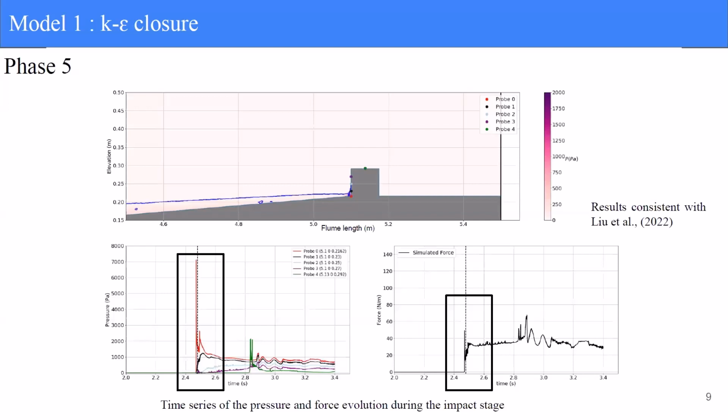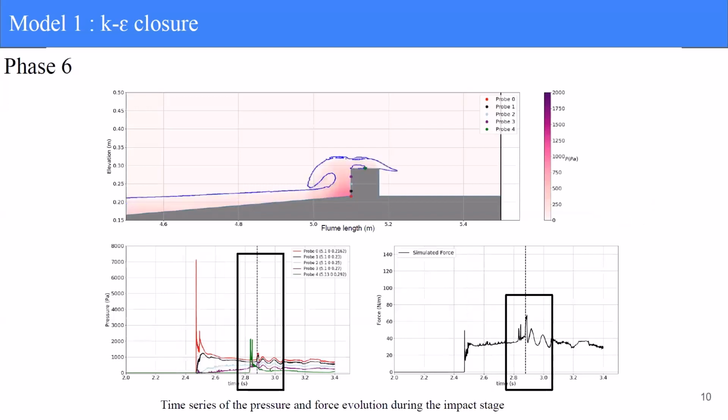As for the force, there is an impulsive first peak here. Then there is a secondary peak happening at the downward phase of impact, when the wave is reconnected, creating this air cavity. There is a very fast increase of pressure at the bottom, and we found a very big secondary peak in this case.